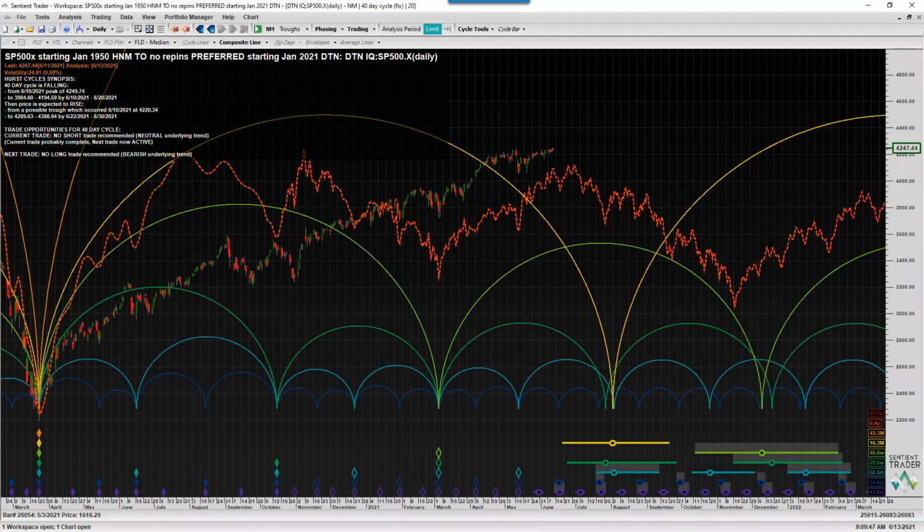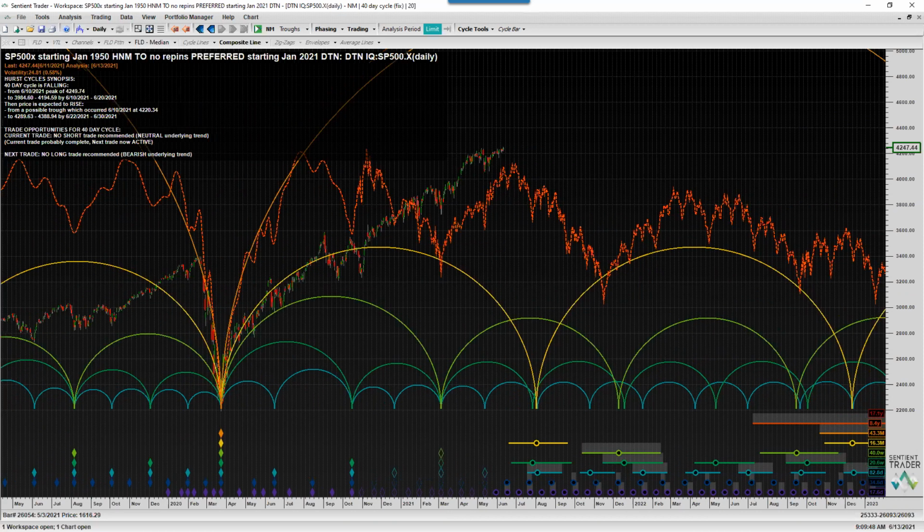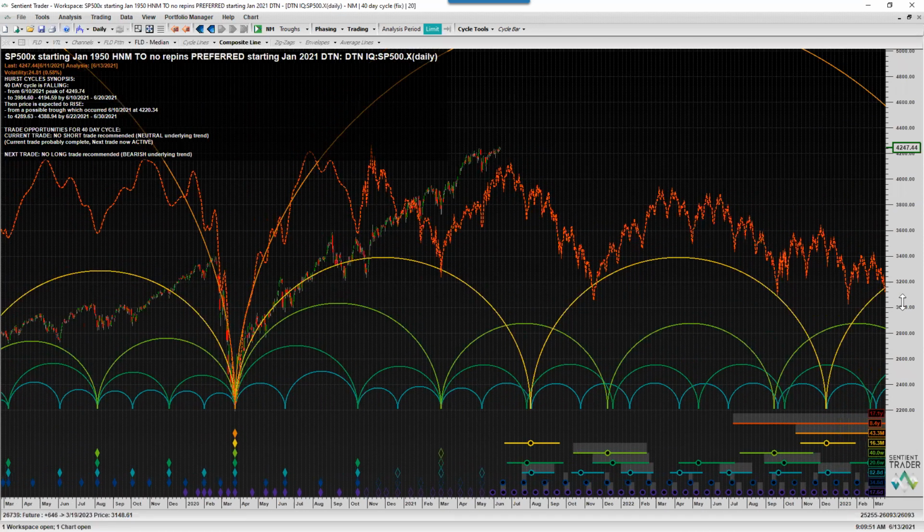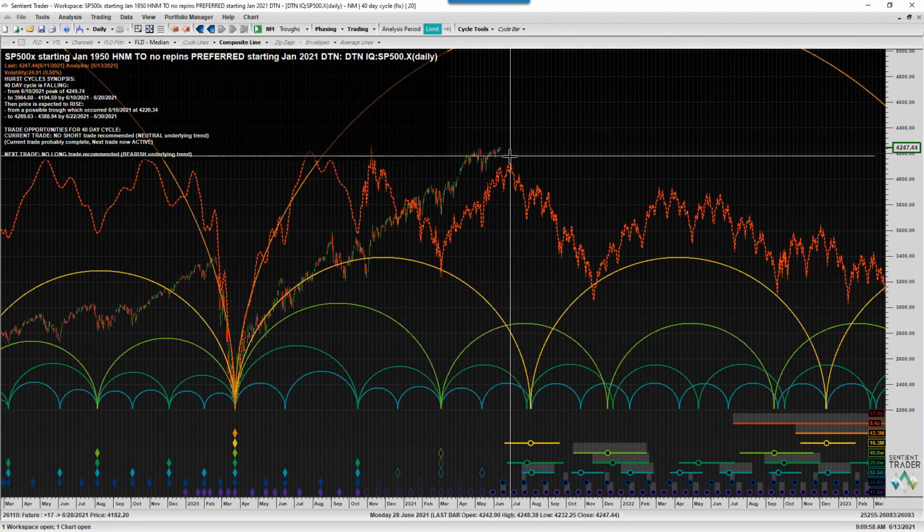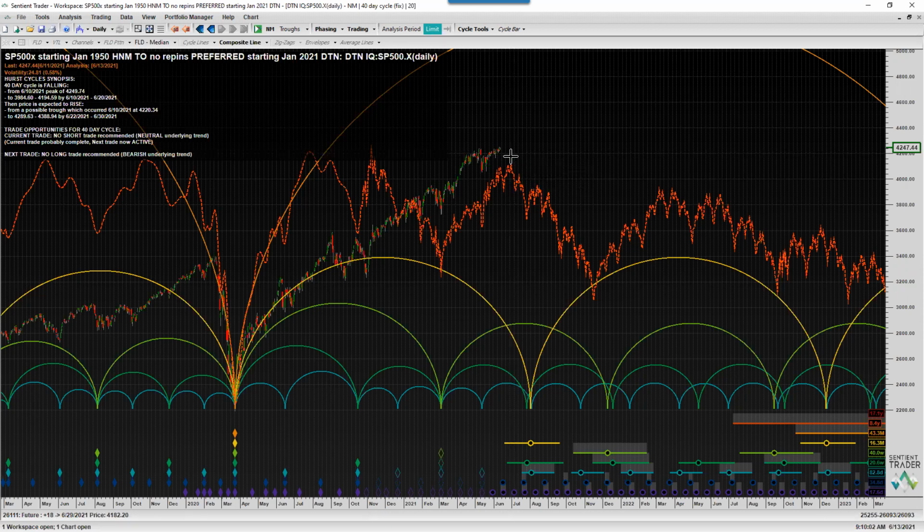And if you'll notice this analysis, the composite line is rather bearish. The actual top tick of the composite line is late June, around June 28, then a plunge, not down into the July, August timeframe, but down into November of this year.